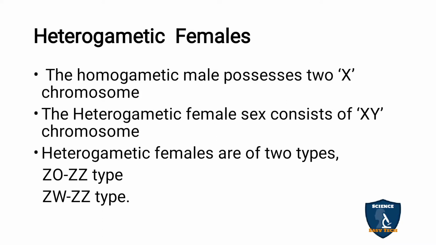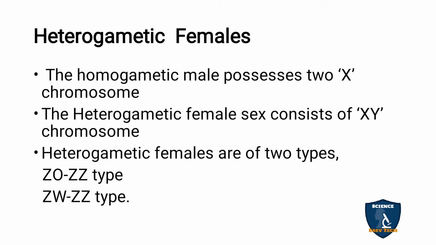Heterogametic females. Till the previous slide, we saw the heterogametic male, where the male has two different chromosomes. In the same way, here the female has two different chromosomes and the male has the same chromosomes.